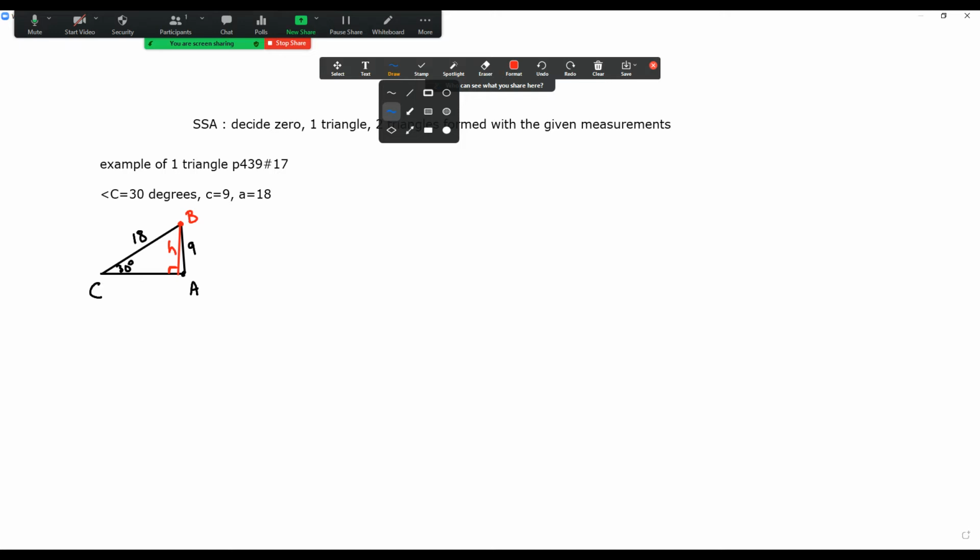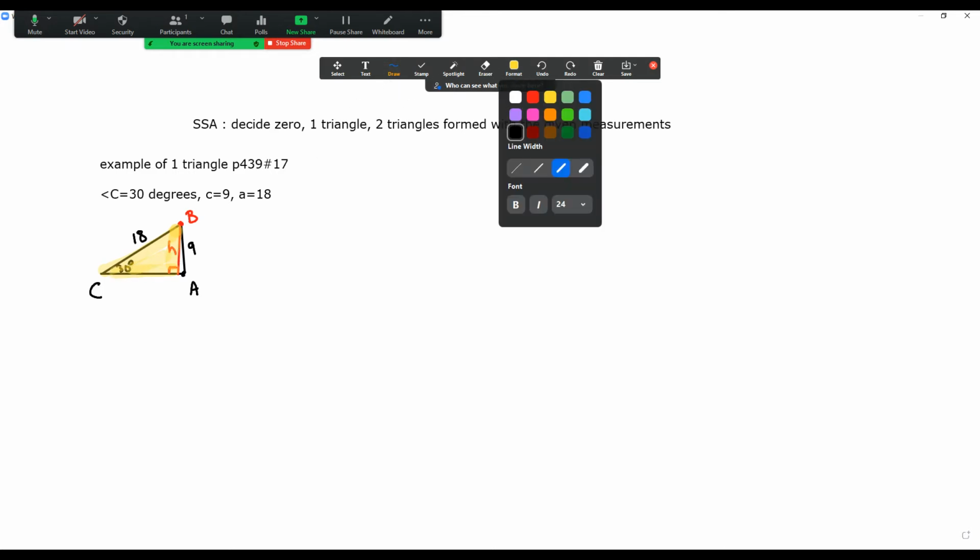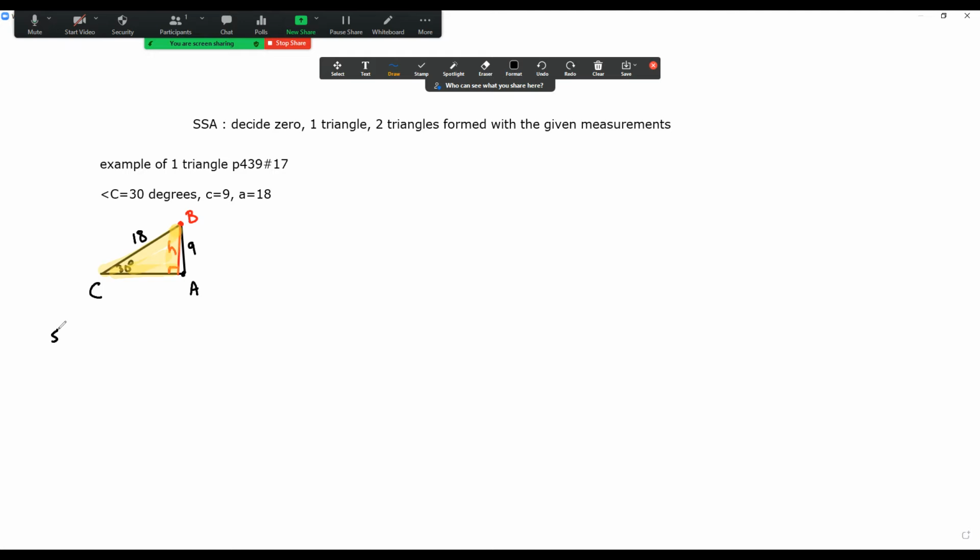In order to decide how many triangles we can get with those measurements, we're going to highlight this triangle and we're going to use the sine ratio. Why sine? Because the height is opposite to that given angle. And if you guys remember SOHCAHTOA, the one that includes an opposite side and a hypotenuse, because we have the hypotenuse given, would be sine.